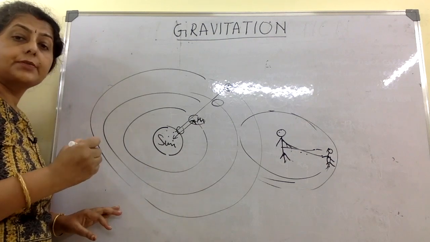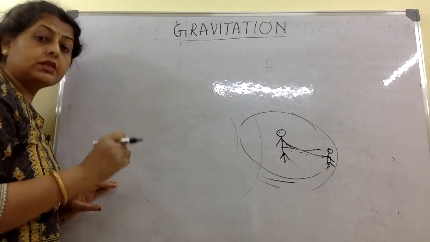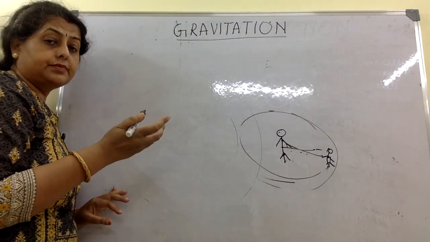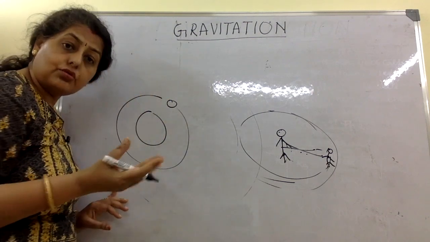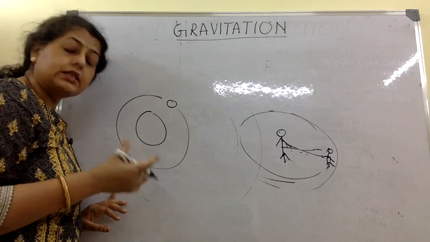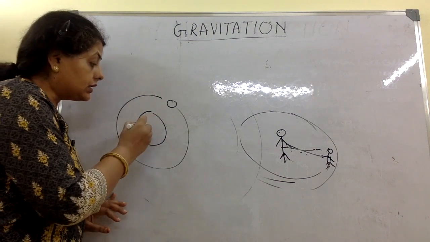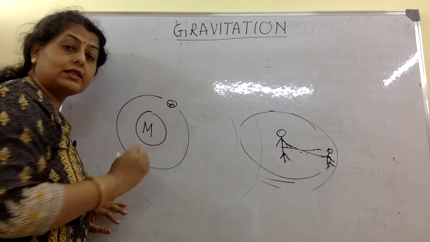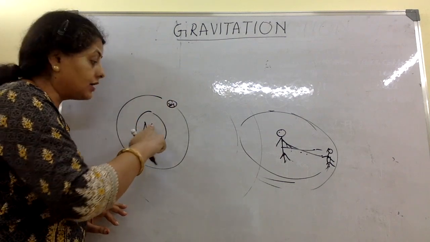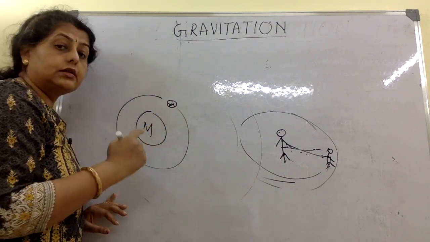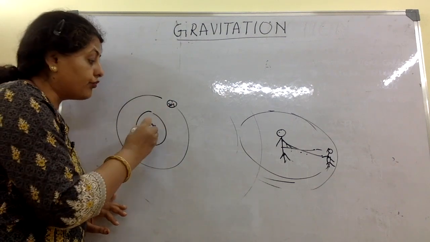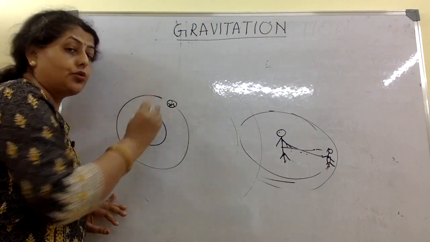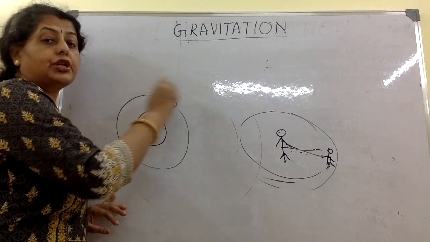The very same thing happens with the earth, and around us the moon goes, right? The moon goes around us for the same reason. The earth has some mass, the moon also has mass. There is a gravitational force acting between the earth and the moon. But the moon's force is less, so we are able to make the moon rotate around us, and we don't rotate around the moon.